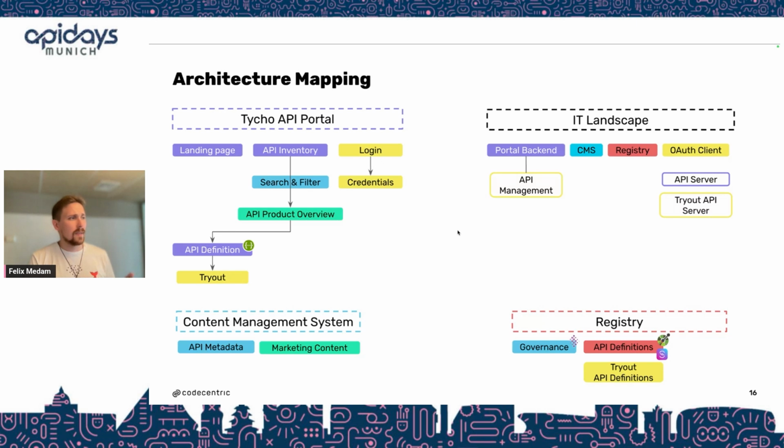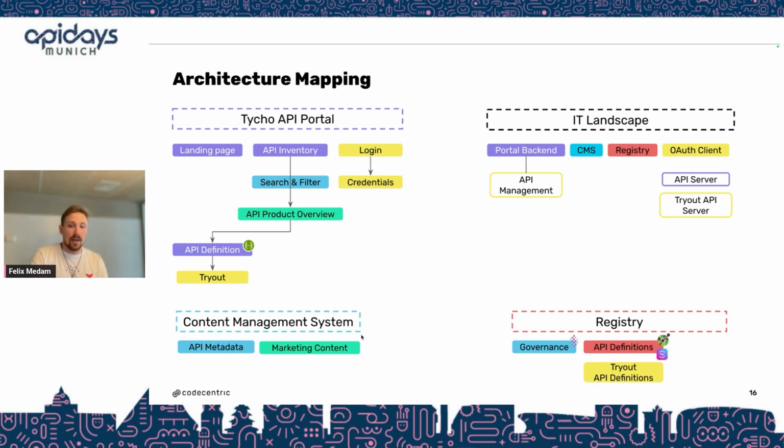So you can see how our features over here are needing and creating complexity in the rest of our architecture, and how we can map our architecture of this project to these distinct access channels and audiences.